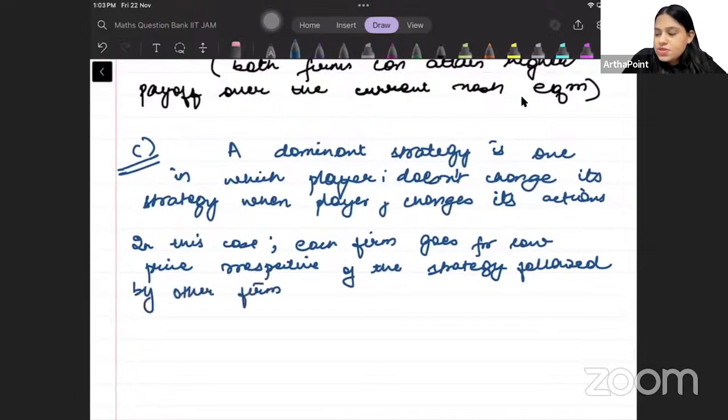So no firm is changing their strategy. Both of them are going for low price irrespective of what strategy the other firm is following. So yes, we can say that it is in fact a dominant strategy.